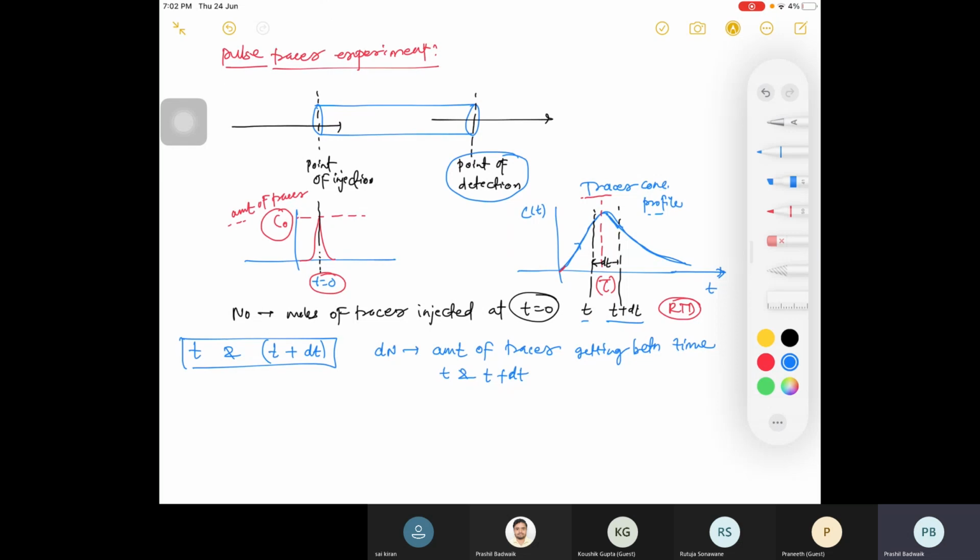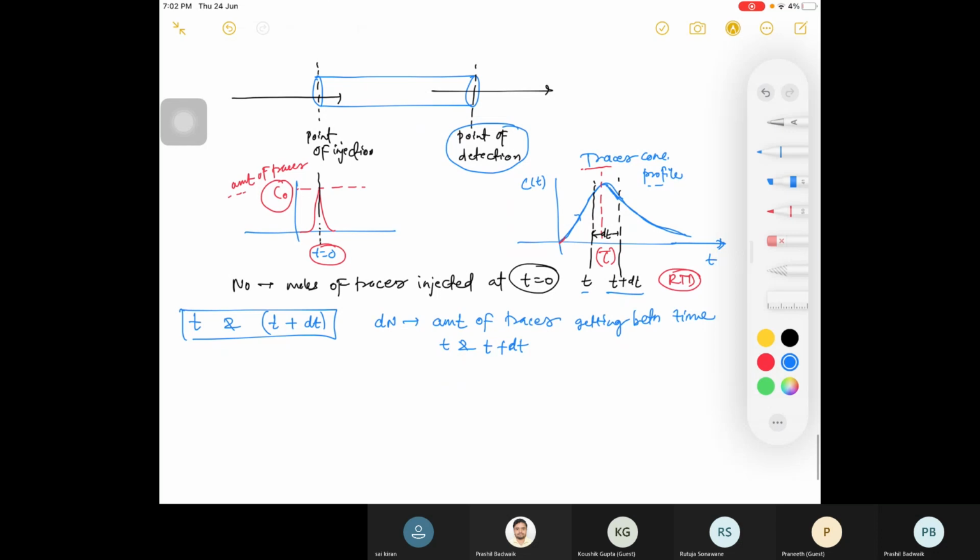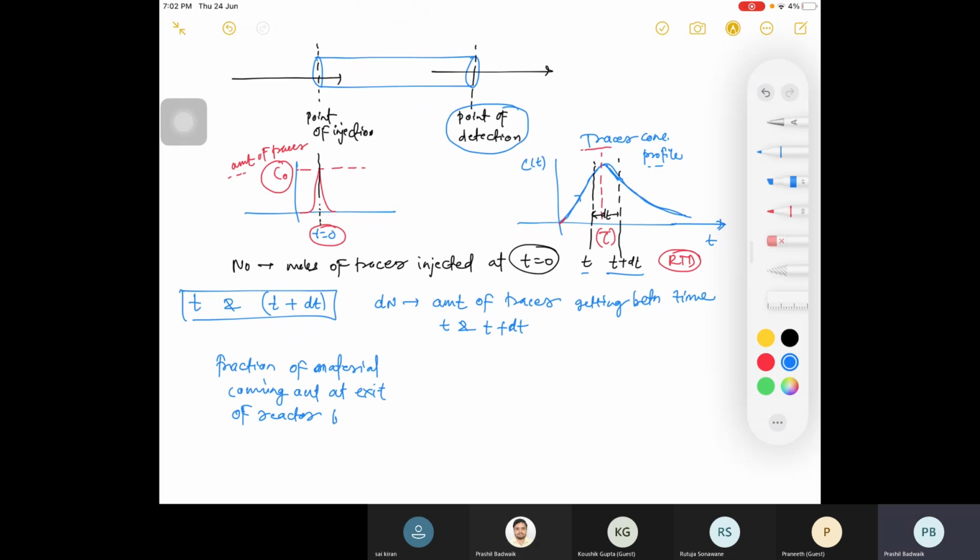Can you please tell me what is the fraction of material that is coming out at the exit of the reactor between time t and t plus delta t, using dN and N naught?